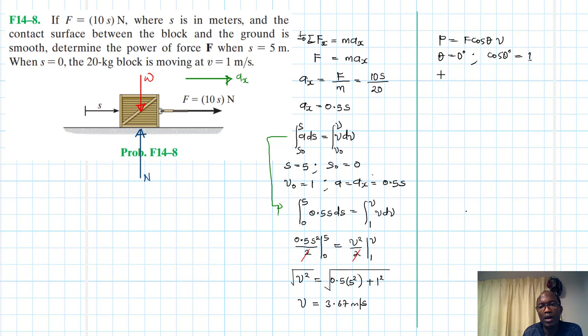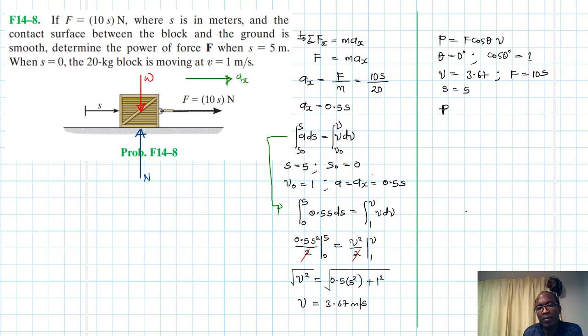Then our v is equal to 3.67, and our F is just equal to 10 s, and s is equal to 5.